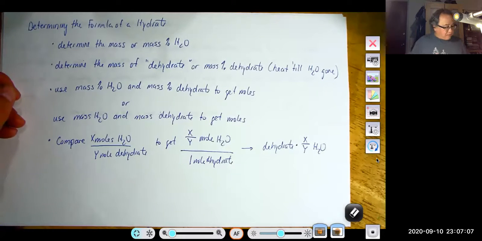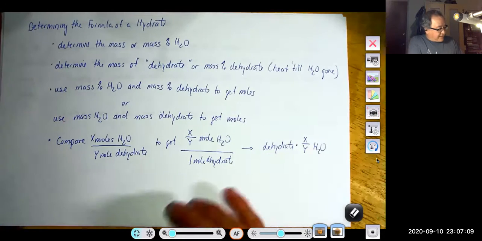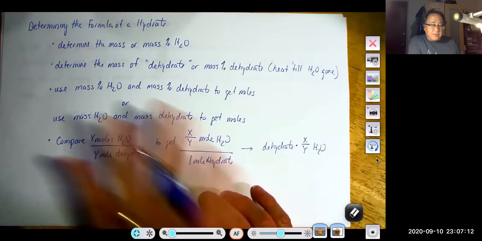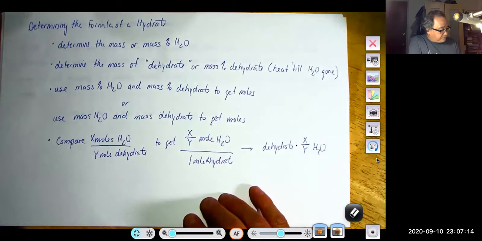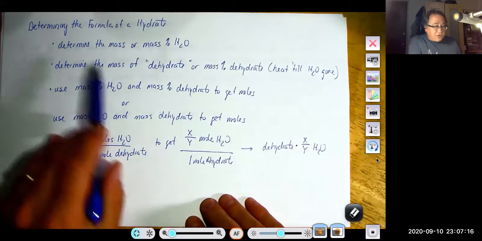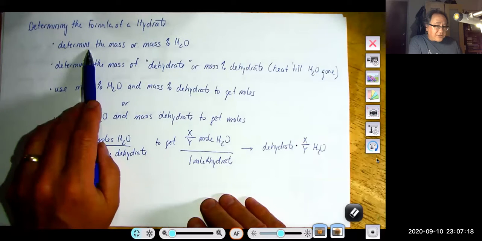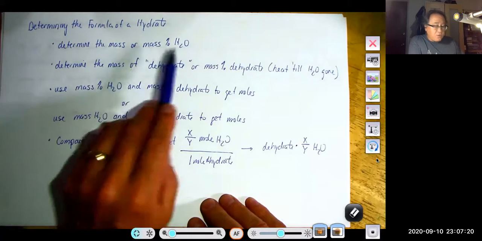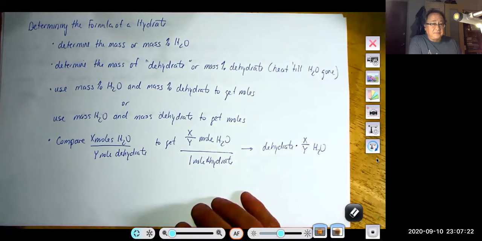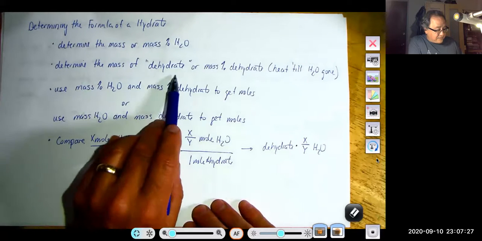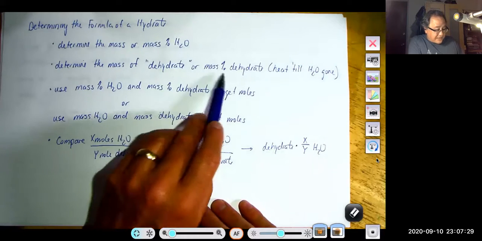So let's look at how we would determine the formula of the hydrate. So this is a lot like determining the formula of a compound. So to do this, we want to determine the mass or mass percent H2O in the compound. Okay. So to do this, we determine the mass of the dehydrate or the mass percent dehydrate.